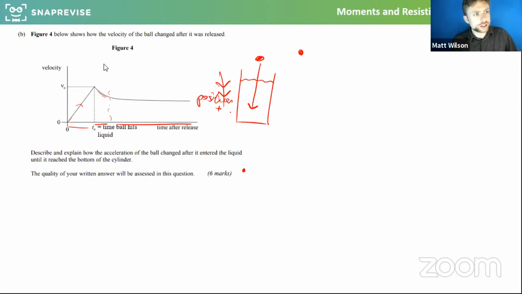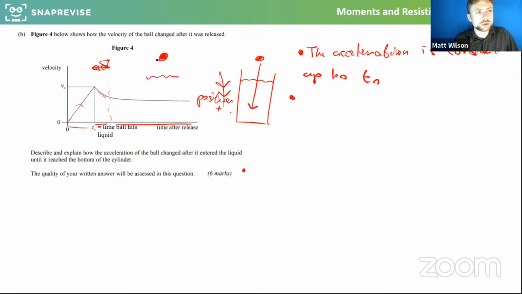Now, acceleration in a velocity time graph is the gradient. So what we can say at the start is the acceleration is constant up to T0. Okay, now we should explain why. Well, why would the acceleration be constant? That means the force on our object is constant.